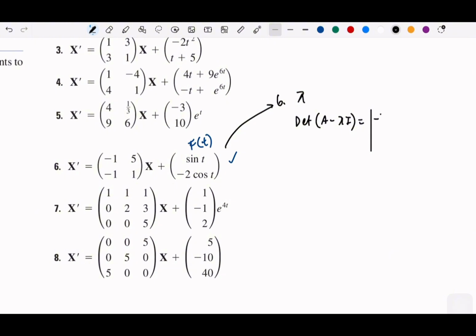So negative lambda plus 5, and this will be lambda squared minus lambda plus lambda 0, so plus 5, right?